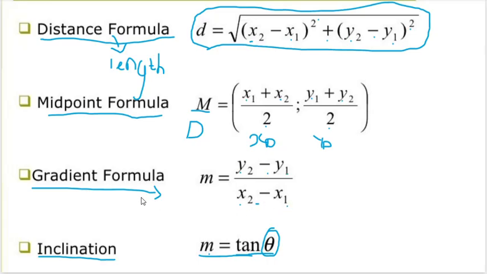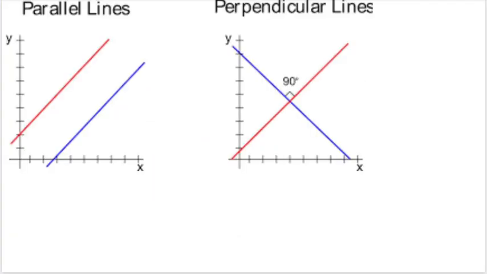Now when we come to the gradient formula, there are three types of gradient relationships which you must know about. Let's start with parallel lines.